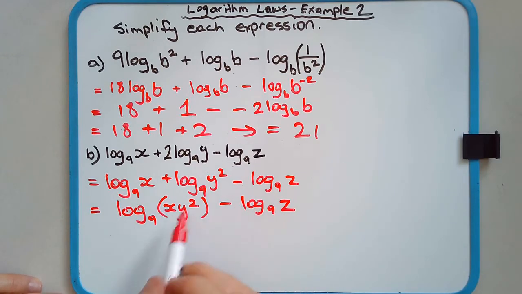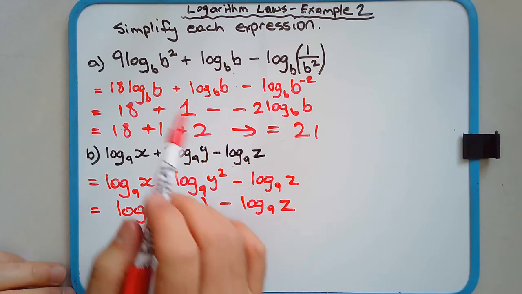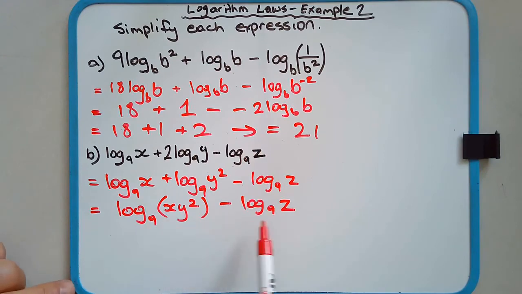Now finally we can apply log law number 2 since the bases are identical. I think that's very important to note: the bases are identical. We can't apply the logarithm laws unless the bases are the same. It's a bit like index laws 1 and 2. We can't add or subtract the indices unless the bases are identical.